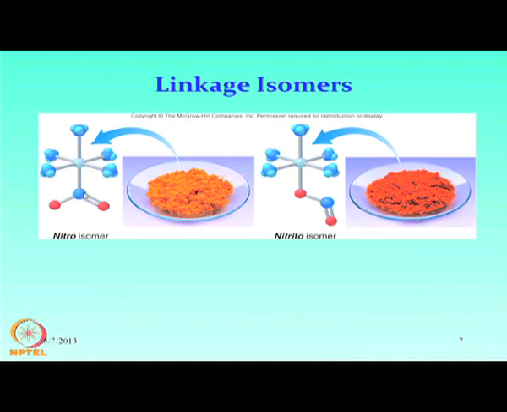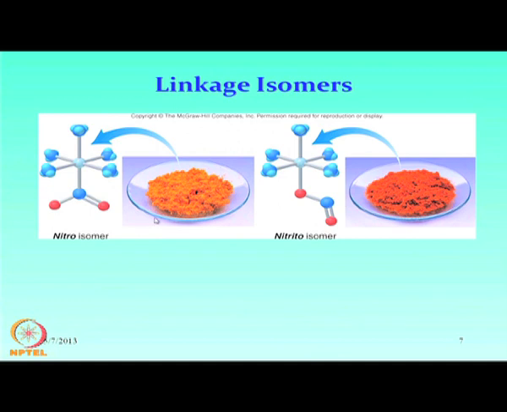One, when it is bound through nitrogen, we call the nitro isomer, which is a little bit yellowish red, or light red, in color. The second one, bound through the oxygen of the nitrite group, is the corresponding nitrito isomer.